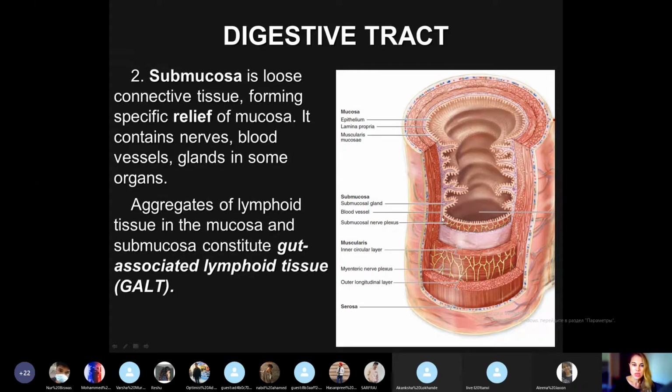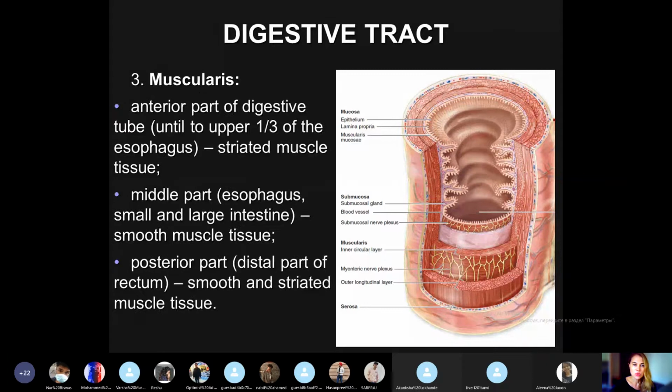Also in the submucosa, we can find specific lymphatic aggregations that we call gut-associated lymphoid tissue. These aggregations of lymphoid tissue are an important immunological barrier for the digestive system organs, which we will talk about in detail later. And the development of this lymphoid tissue also differs in different organs.